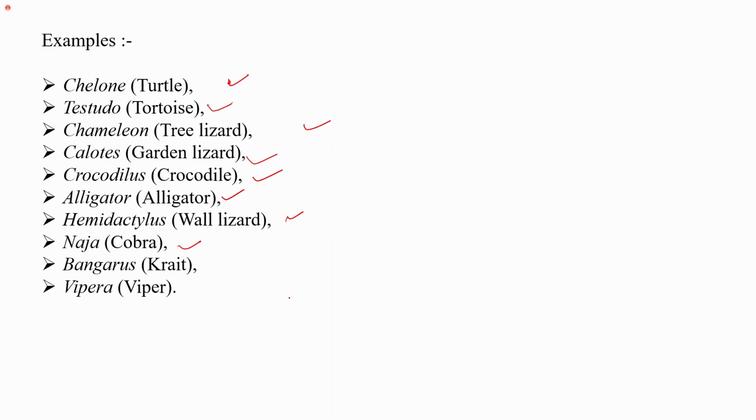However, it might be asked that some of these snakes are poisonous and some of these snakes are non-poisonous. For example, snakes can be poisonous or they can be non-poisonous, right? So this might be asked, for example, which of the following snakes are poisonous?